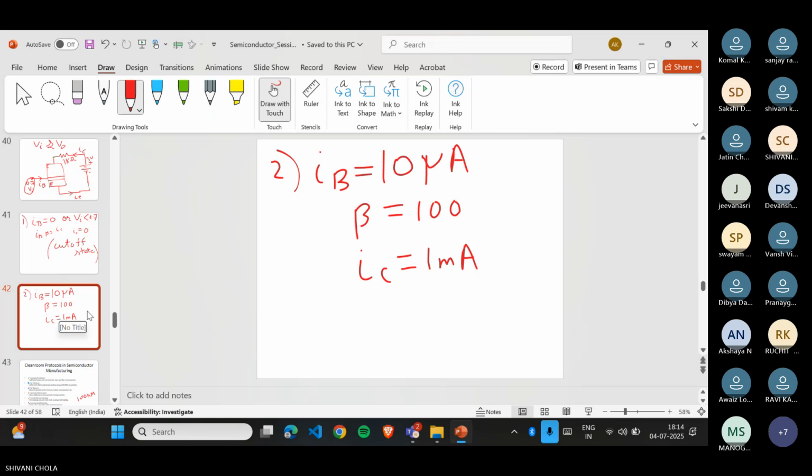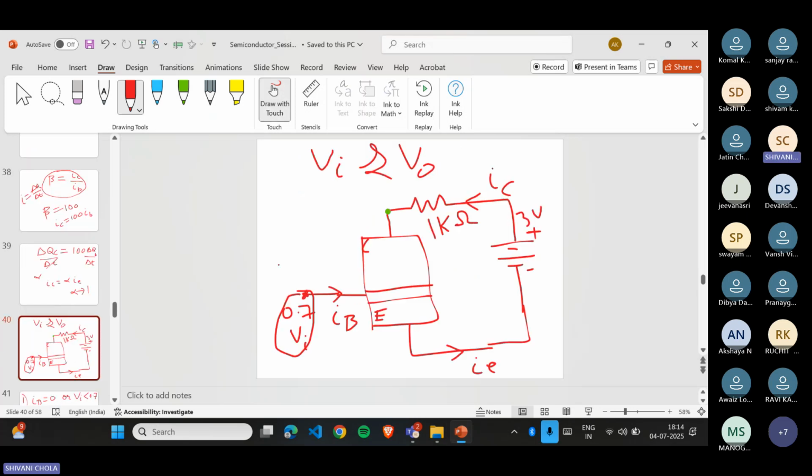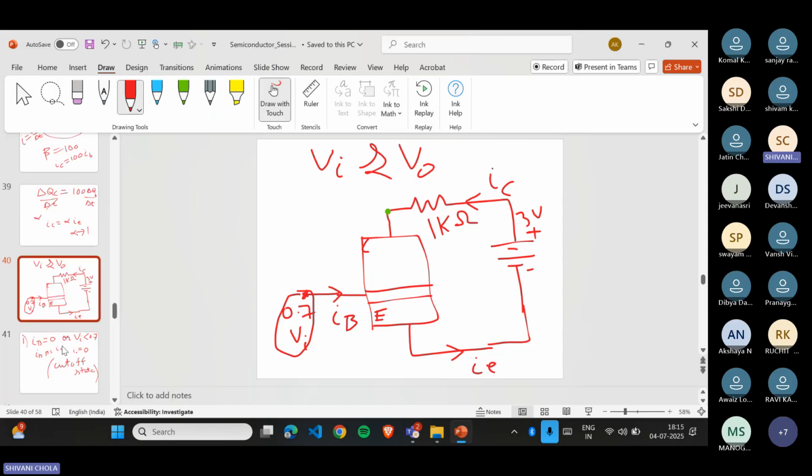Clear? Now my question was, if the current through your collector is 1 milliampere, then what will be the potential at this point? There will be some potential drop due to this resistor, right? Because the resistor will use some of the energy from the electron, maybe to heat itself or to give light. We don't know. We are just using a resistor of 1 kilo ohm.